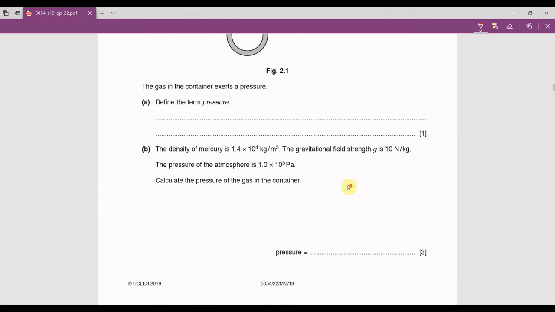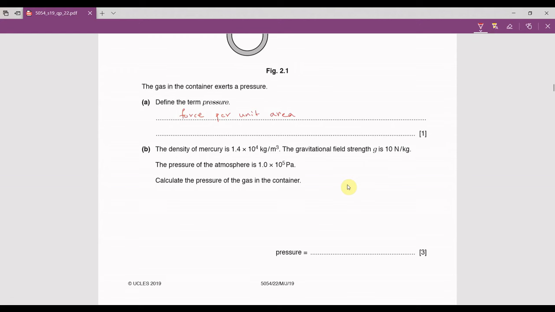Define the term pressure. Now you should always learn your definitions, you should always memorize them. And pressure is just force per unit area. That's it. And you can also write the formula if the formula of a term is its definition, which sometimes it is in physics, for example with work and with moment and with pressure.